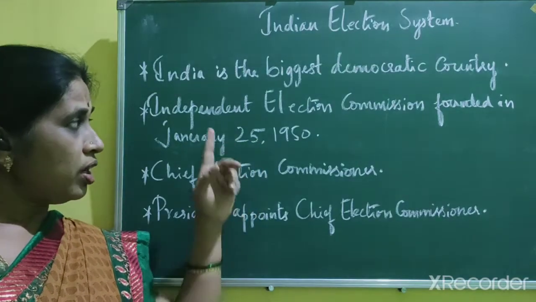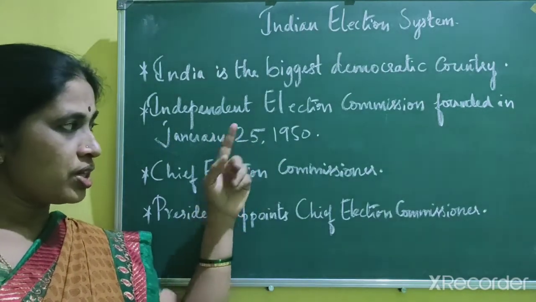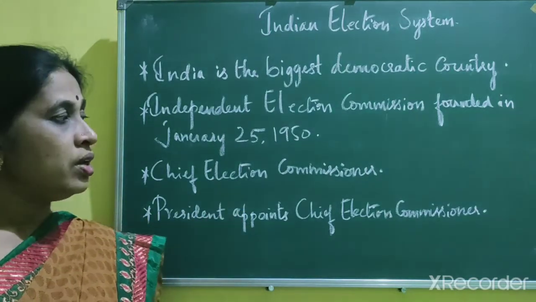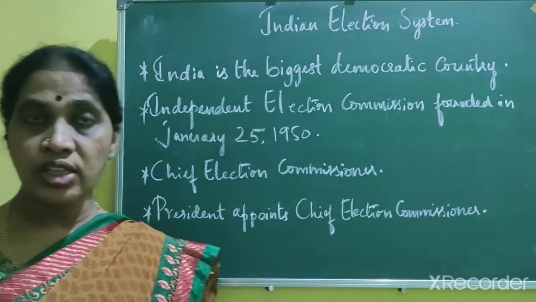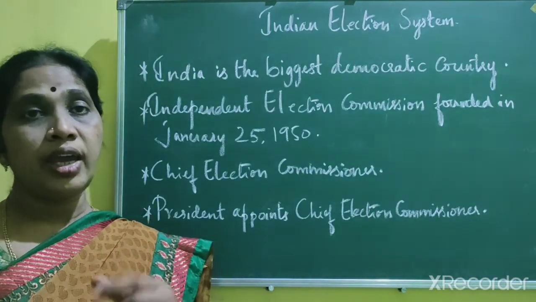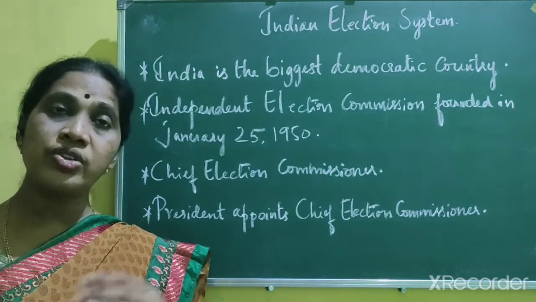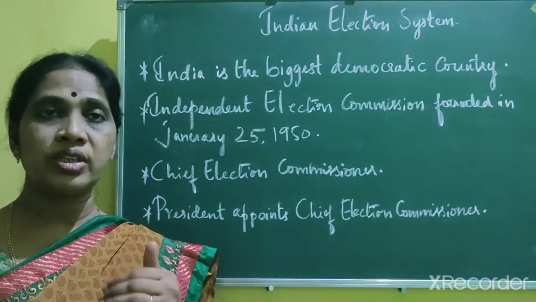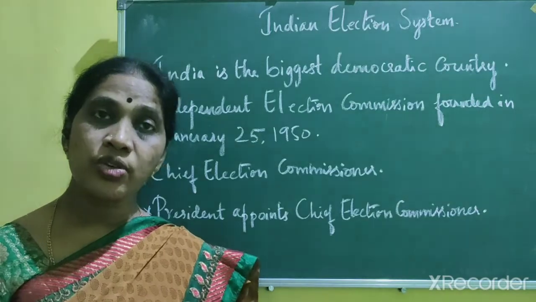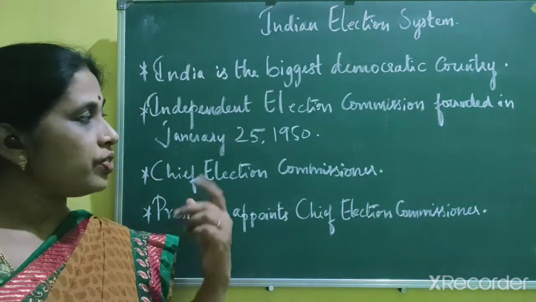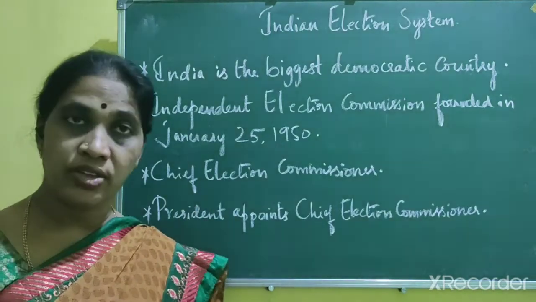In the beginning, when this was established, there was only one Chief Election Commissioner. After 1989, when the age limit of the voters was reduced to 18 years, it was earlier 21 years, the work pressure of the Election Commission increased.